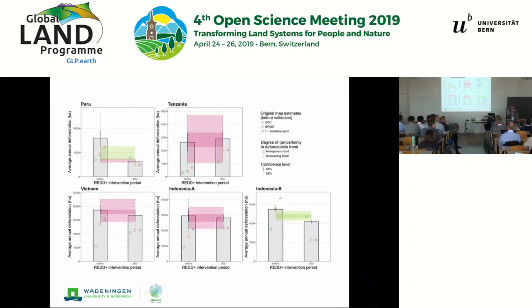That is now the next step we're getting at, because if you want to do a policy evaluation, you want to know which interventions worked and which not, which were due to the intervention. Within the same study, part of the global comparative study on RED+ from C4, they also did household surveys in these RED+ initiatives. These are very specific projects. Also, one of our PhD students did a BACI approach, so not only before-after, but also control-intervention.